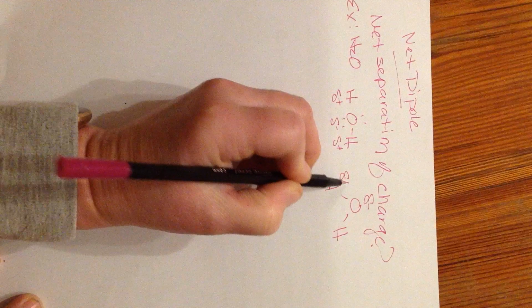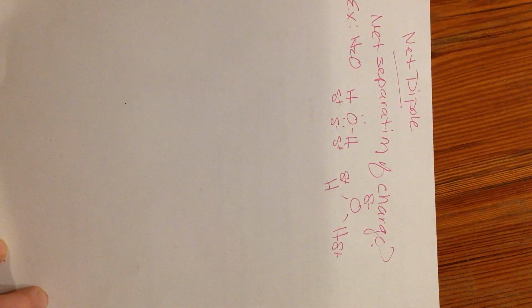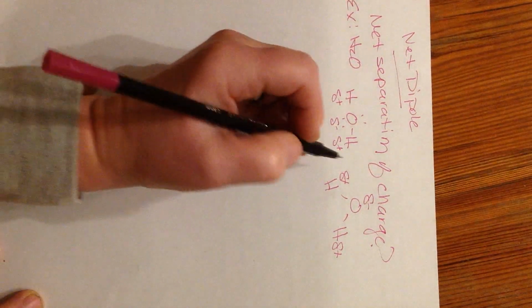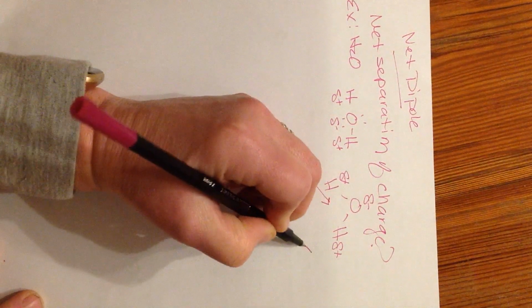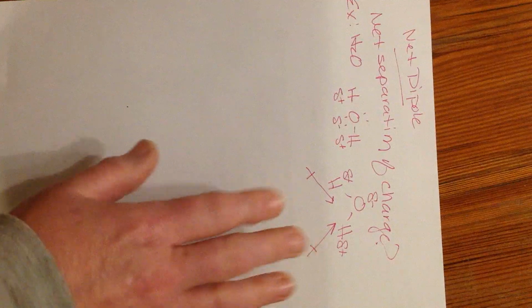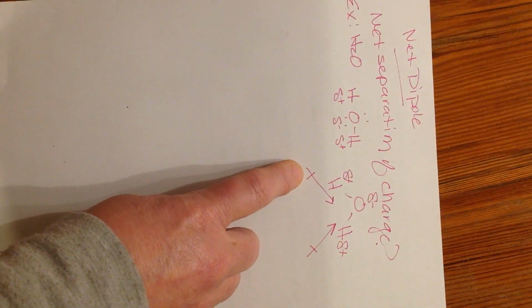Partial negative, partial positive, partial positive. Net separation of charge means, do I have a net separation of charge? And I'm going to determine that by drawing what we call vectors. These are vectors. We draw the positive with the positive.